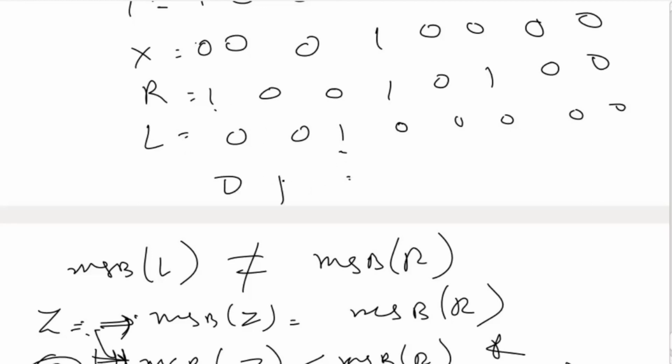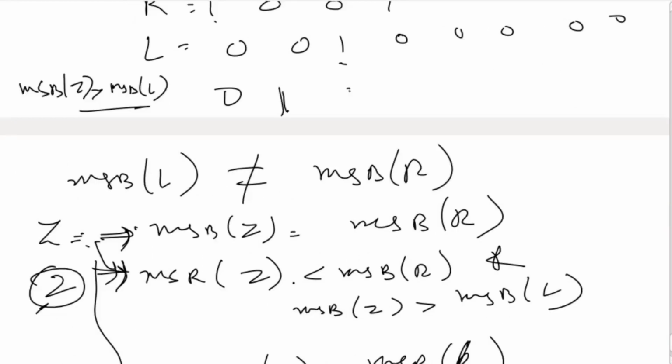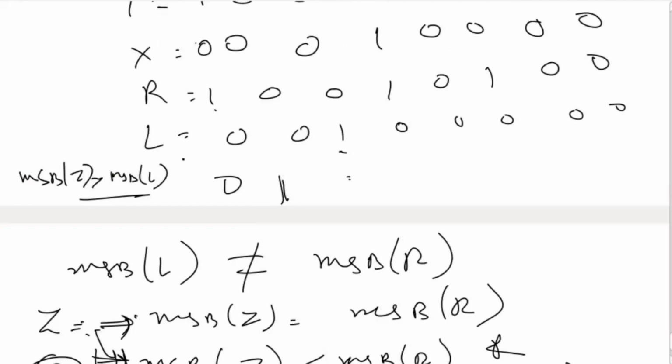So clearly, since MSB of Z is greater than MSB of L, our Z is greater than L, and since MSB of Z is less than MSB of R, our Z is less than R, so our Z is in the correct range. So now we can simply take OR of all these remaining bits, and we'll get our result.